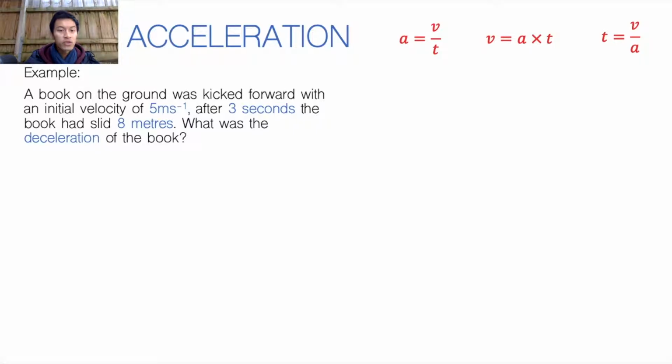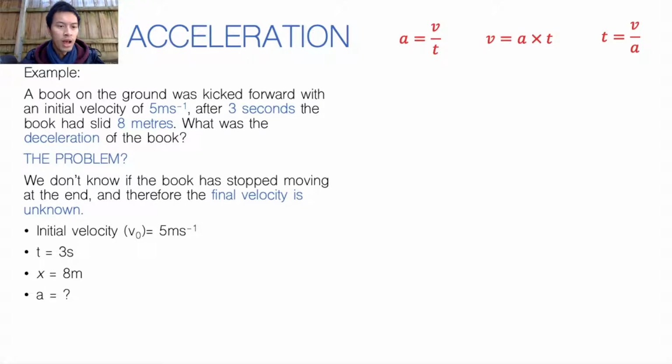So this might seem like a very simple equation at the start, but the big problem is that you do not have the object's final velocity. We're not saying that the object has stopped traveling after 3 seconds. We're asking what it's decelerating at after 3 seconds and covering 8 meters if we don't have the final velocity.